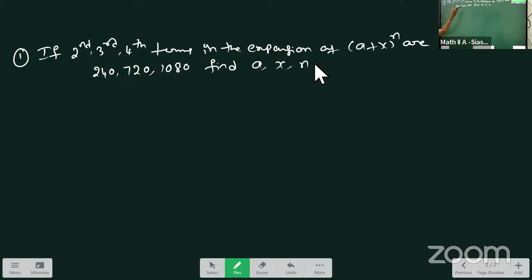A single expansion is given and the hint, the second, third, fourth terms of the expansion, is given. He is asking to find the values of a, x and n.